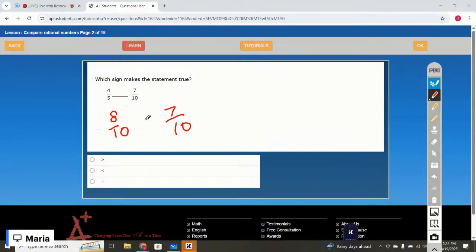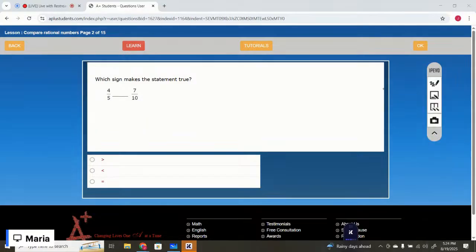So 8 by 7 is greater than 7 over 10. Option number 1 is the correct option. Greater it is.